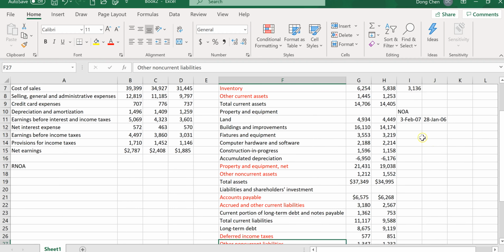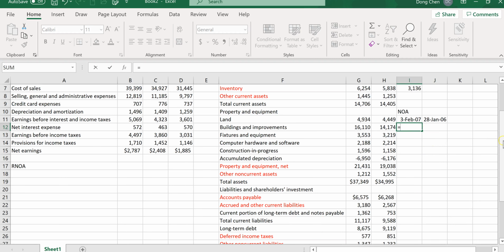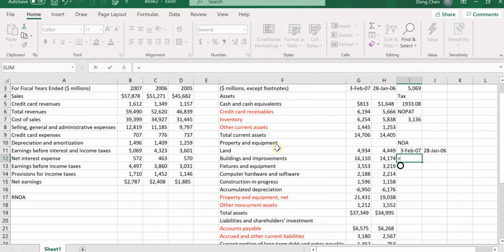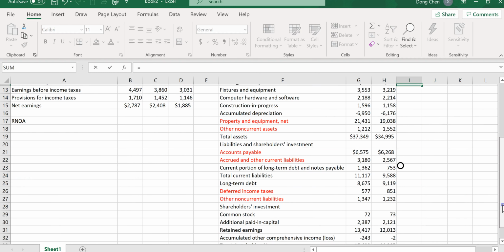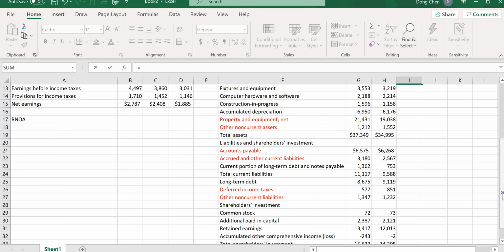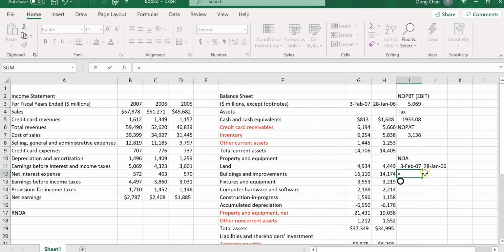So now we can calculate net operating assets equal to the sum of the operating assets minus the sum of the operating liabilities. So basically we sum up the credit card receivables plus the inventory and plus the other current assets.